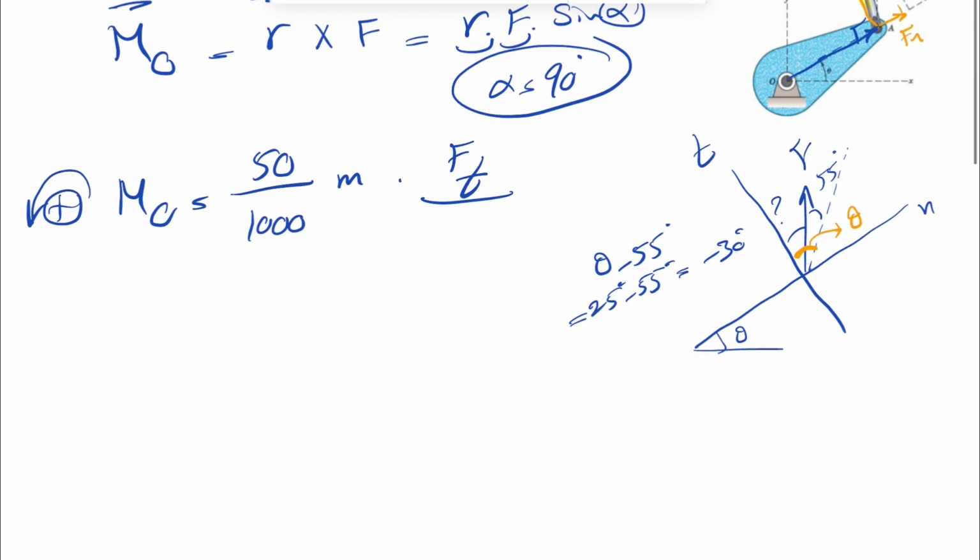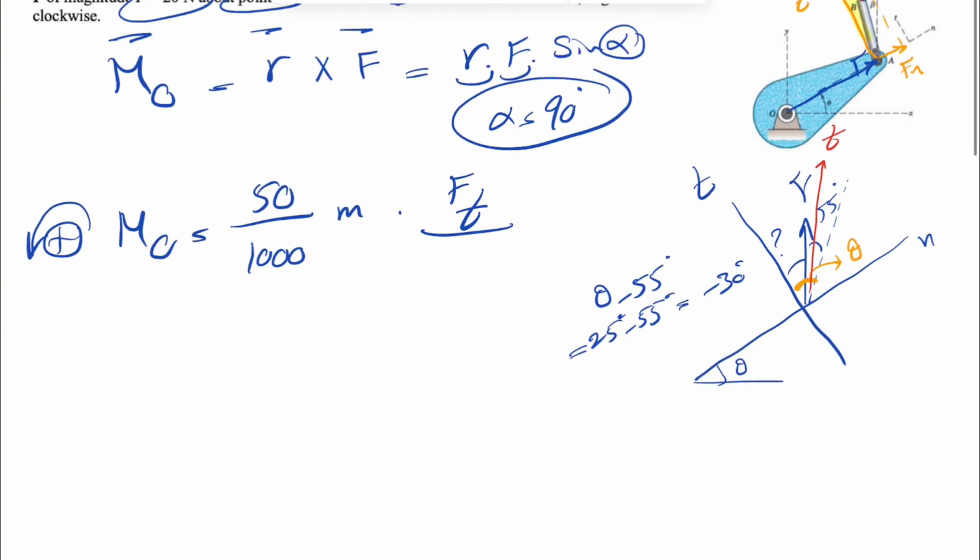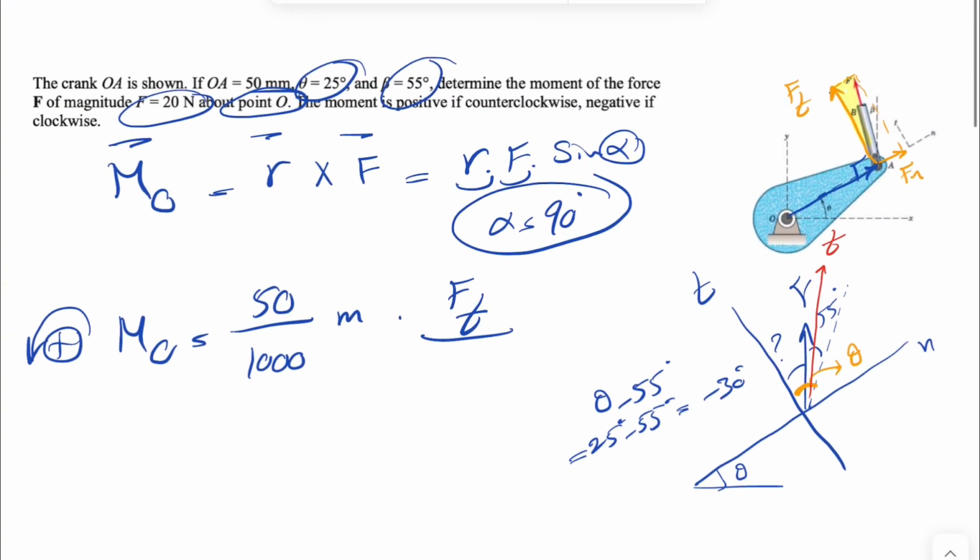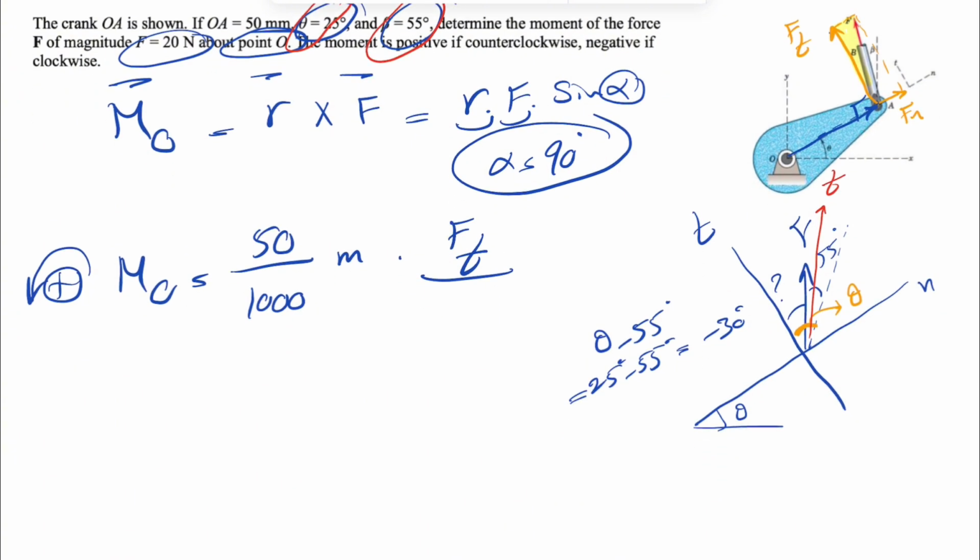And this negative sign shows that our Ft is actually between F and this dotted line. Because the figure is a little bit misleading, we thought that our Ft would be to the left of F, but because the angle theta in the figure is not representative of the actual values, that negative sign shows up here.